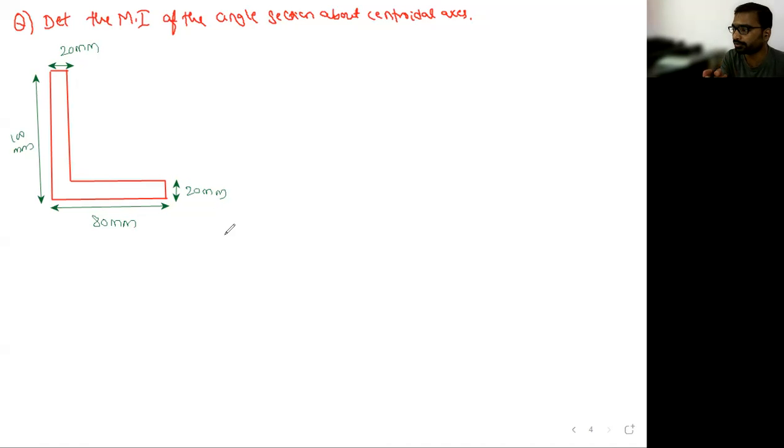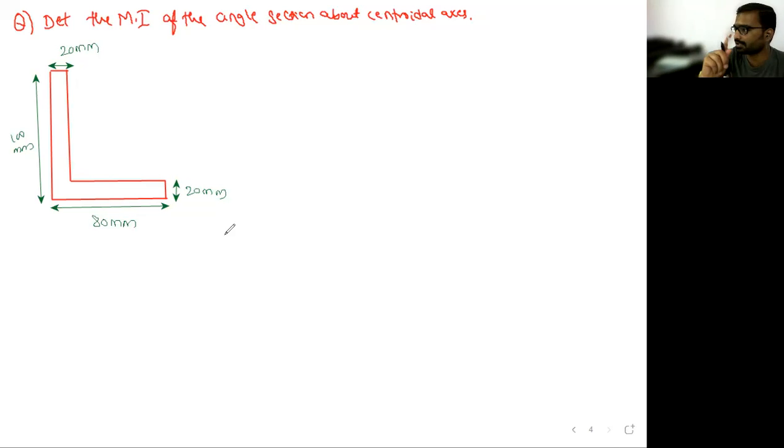What is the formula for a rectangular section? bd cubed by 12. But as this is a composite angle section, I don't know the moment of inertia. To determine it, we should calculate the centroid of this section.